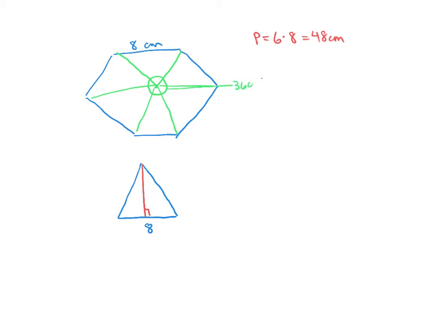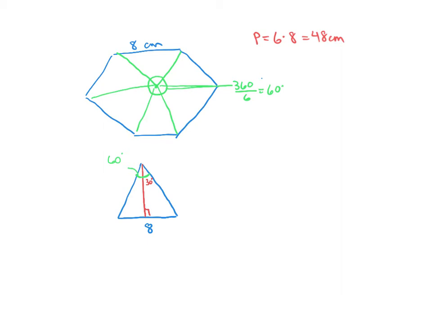So each of those top angles is 360 divided by 6, or 60 degrees. So this whole top angle is 60 degrees, which means that the smaller angle is 30 degrees.